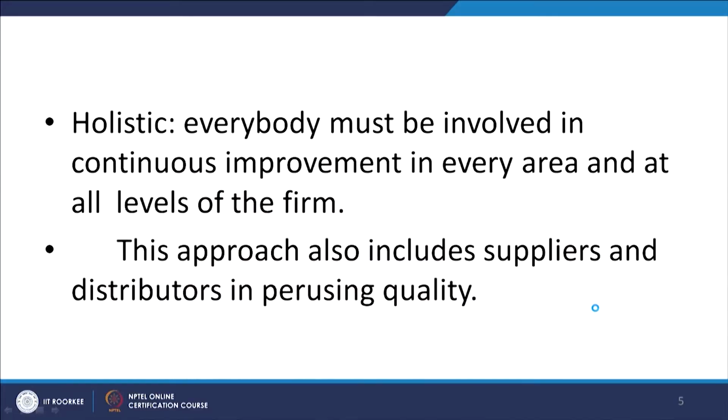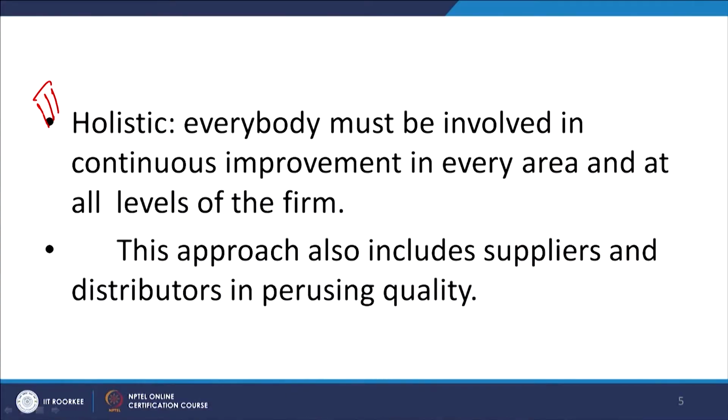And now coming to the third aspect, that is holisticness, which I said is very close to total quality management. Now, what does this holisticness say? It says that everybody must be involved in continuous improvement in every area and at all levels of the firm.